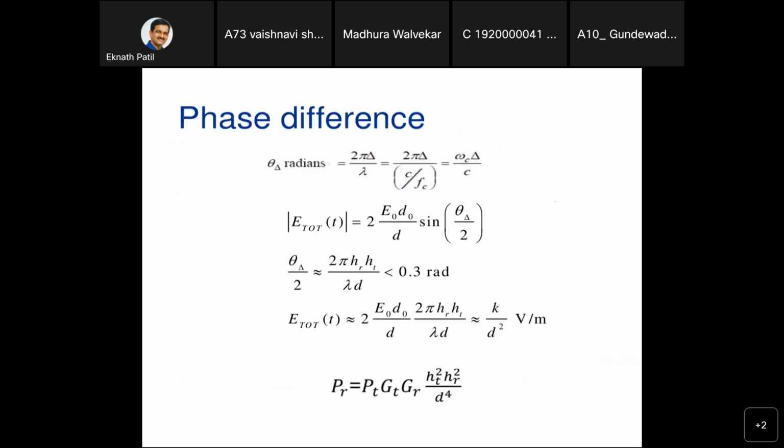It is an approximation made, and they have kept that HT square HR square divided by D raised to 4.